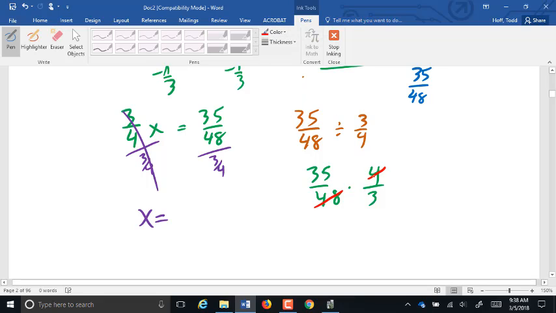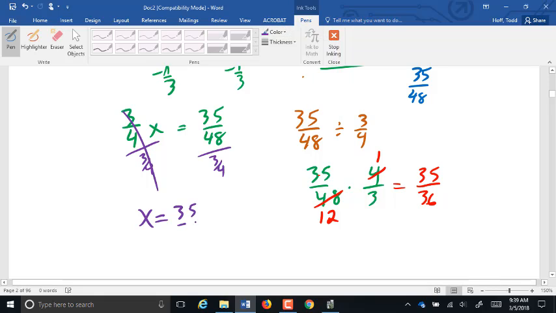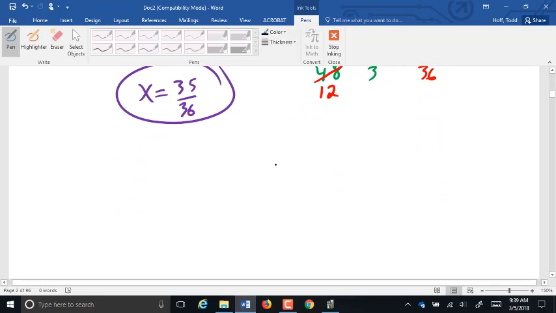We can cross cancel the 48 and the 4, both divide by 4. 4 divided by 4 is 1. 48 divided by 4 is 12. 35 times 1 is 35. 12 times 3 is 36. So x is 35/36. What do you think? So just another small step up would be to do this.